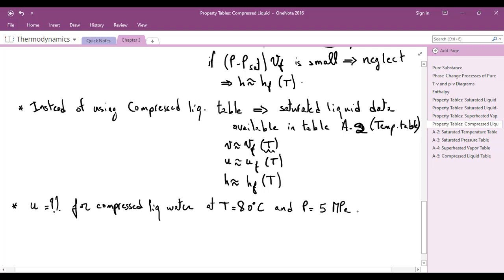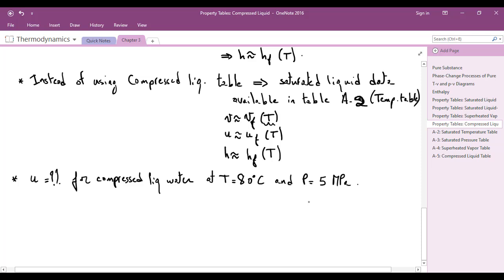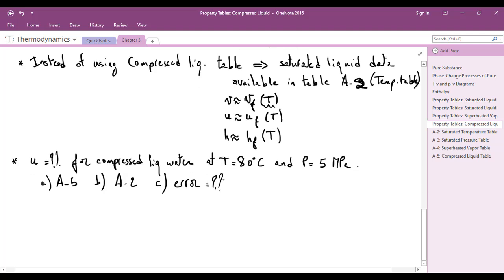Let's calculate it first using table A5, and second using table A2, and in part C let's see the error between the two.